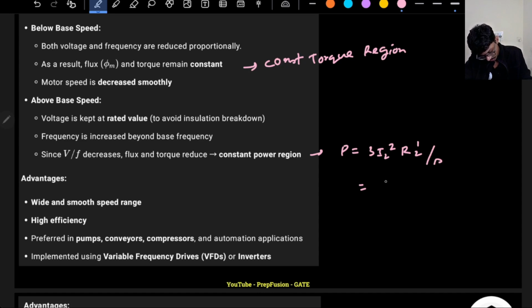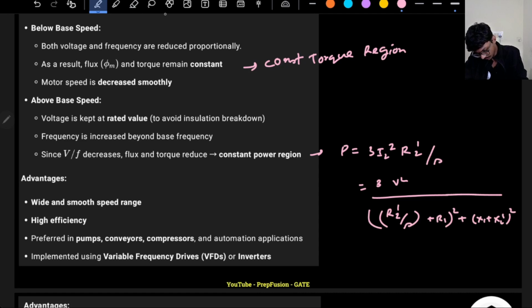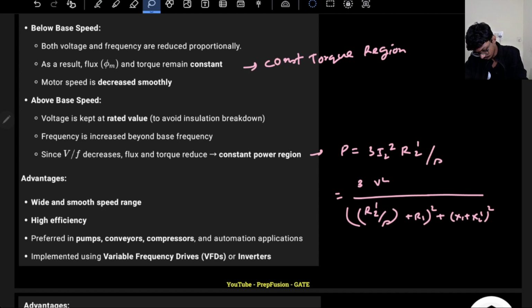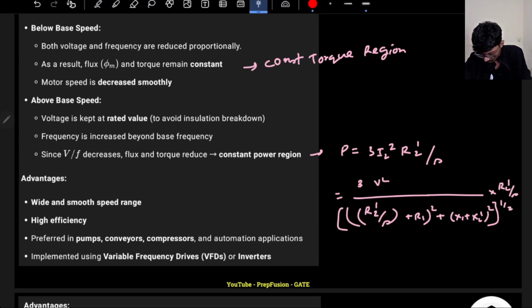Slip can change. So this will be 3 V square divided by the whole square root of R2 dash divided by S whole square plus R1 whole square plus x1 plus x2 dash whole square, into R2 dash divided by S. Now if I assume that this quantity is very big compared to the other quantities, so basically what will happen?